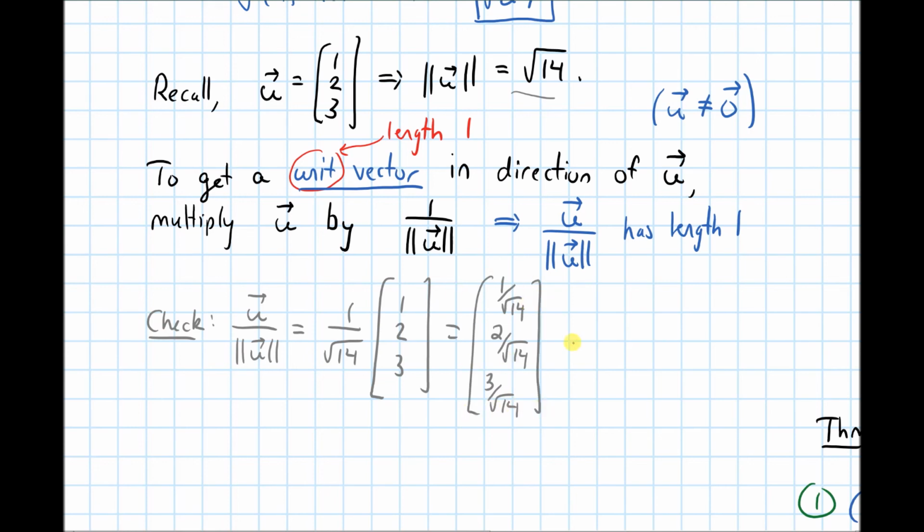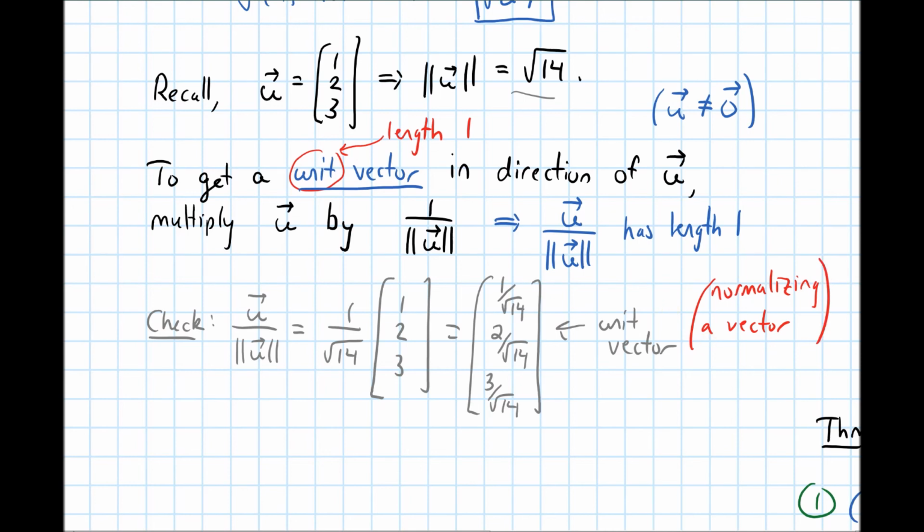So this right here is a unit vector, a vector of length 1 in the same direction as the vector u. This process of making a unit vector is called normalizing a vector.